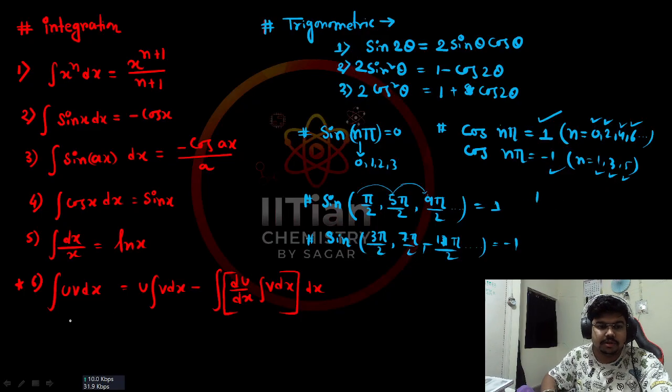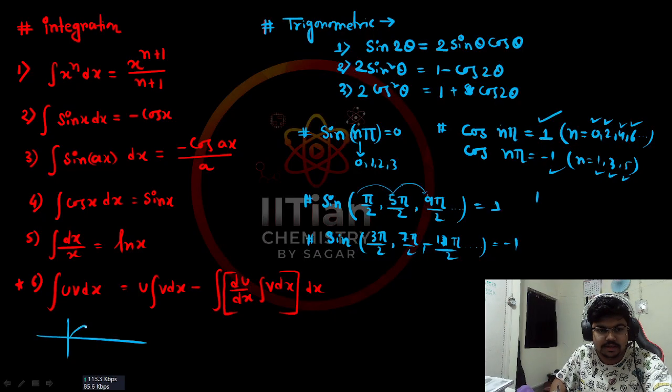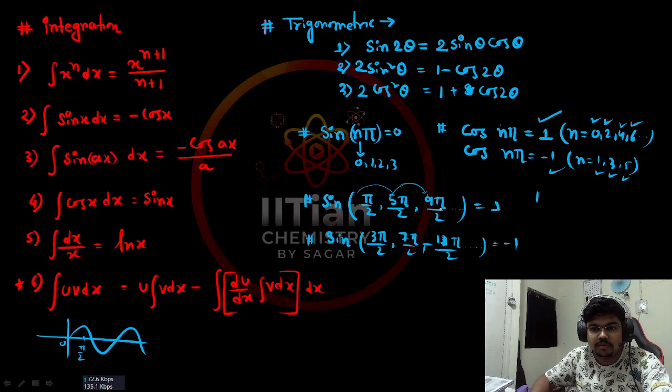So if we just draw the graph of sin x, that will be this. This is basically 0, that is basically pi by 2. What is the value of sin pi by 2? Sin pi by 2 is basically 1, it is the maxima, with value 1. And when it will be minimum, that is minus 1, that is at 3 pi by 2.